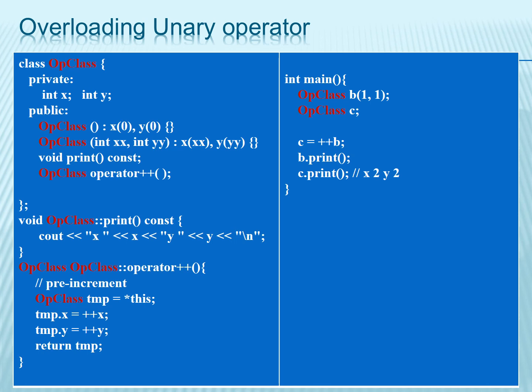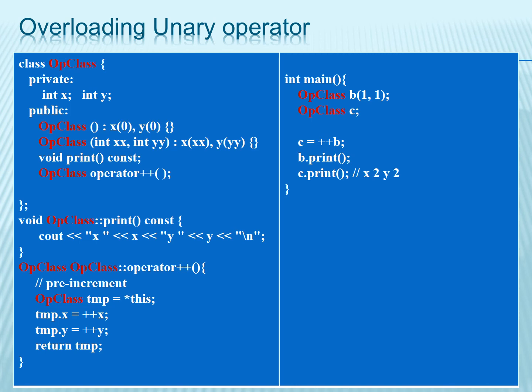Here in the main function, C, the object of OP class, is assigned the incremented value of object B. The values of B and C are displayed on the standard output device using the member function print of the OP class.